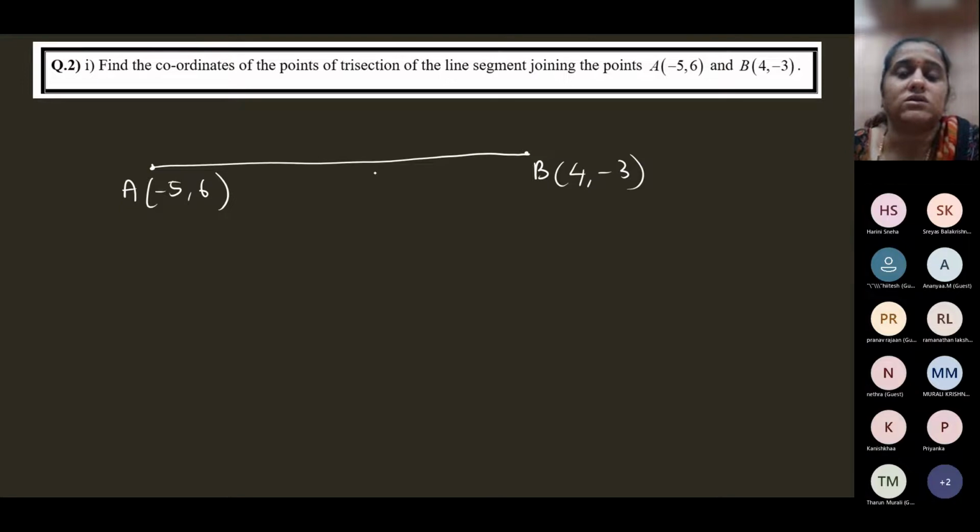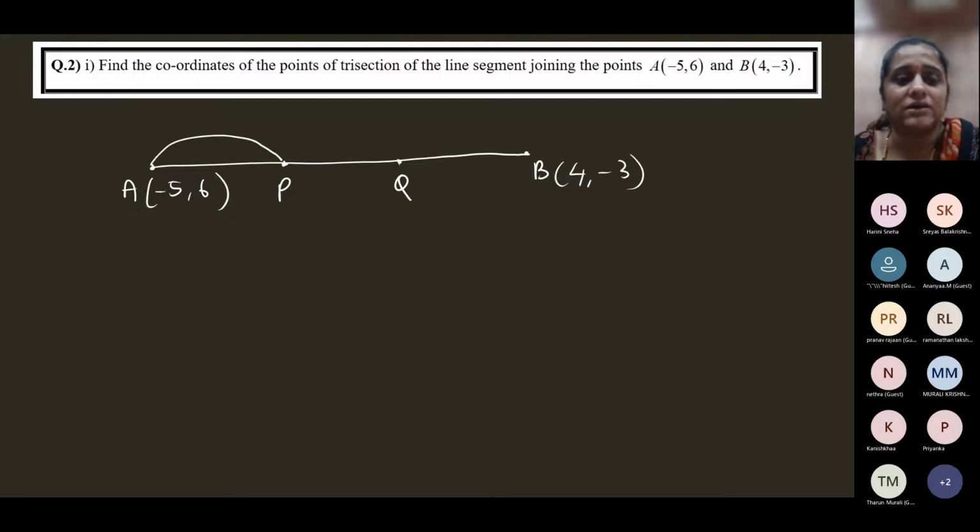Now the line segment AB is trisected, meaning divided into 3 equal parts. That means we need 2 points on it, a point P and another point Q, because only then can we get 3 equal parts of AB.